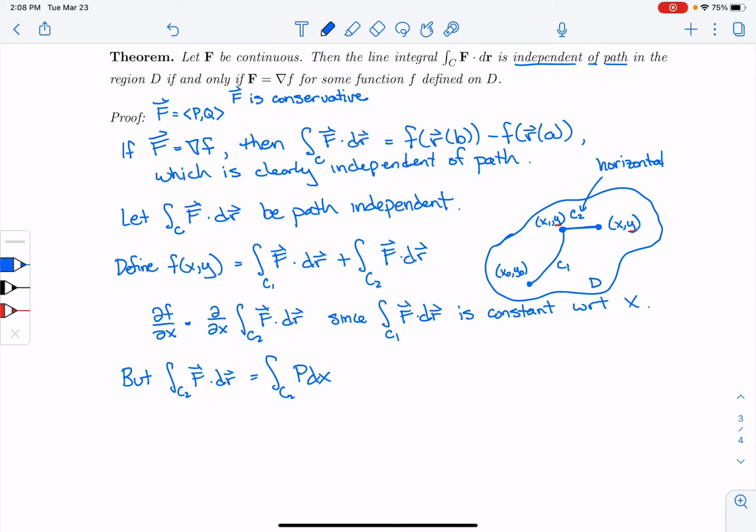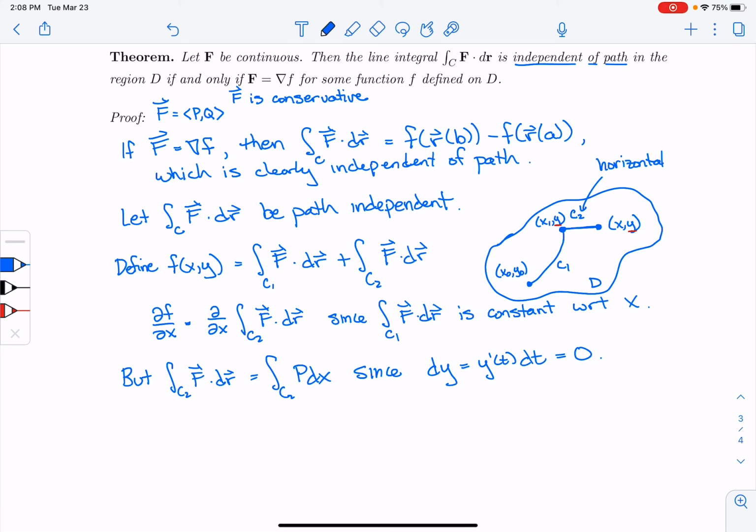If I integrate over C2 F dot dr, it's just going to be P dx. That's because there's no change in the y direction over C2. So the dy, which is y prime of t dt, is going to be 0 because y prime of t is 0.